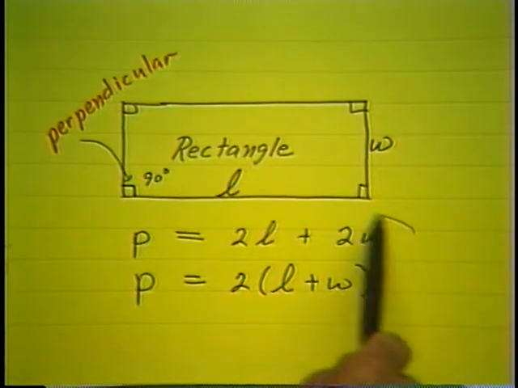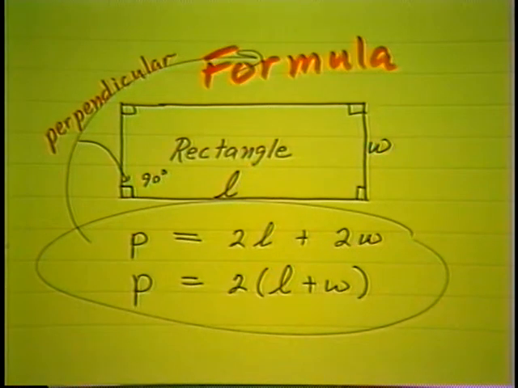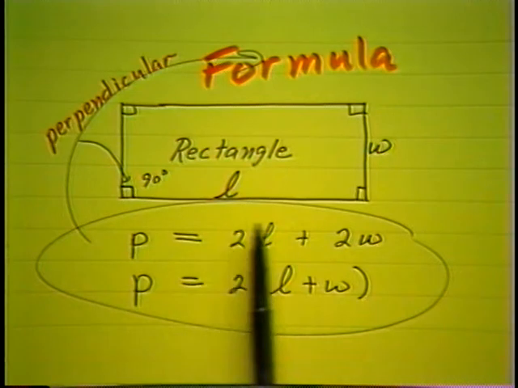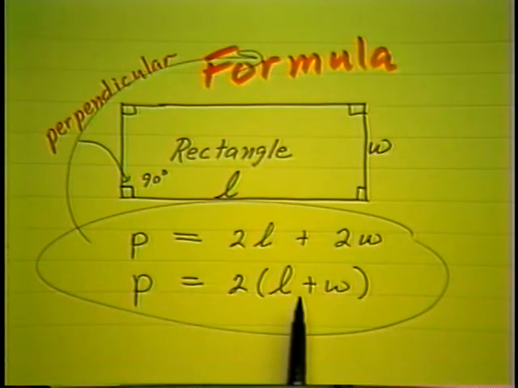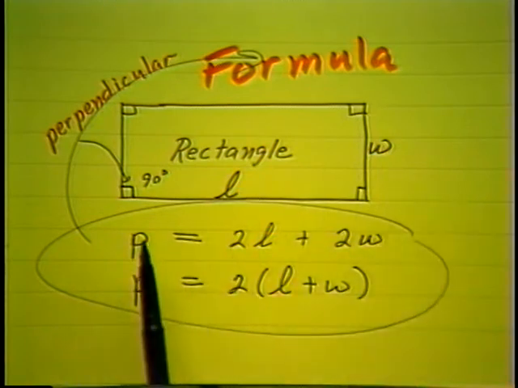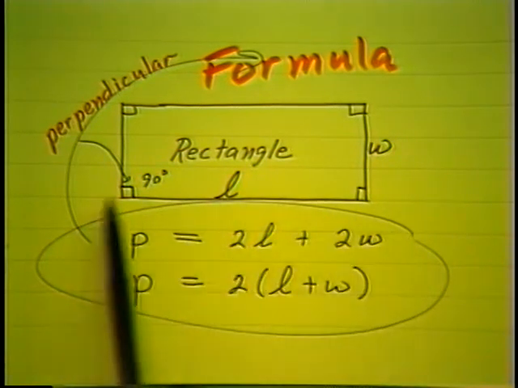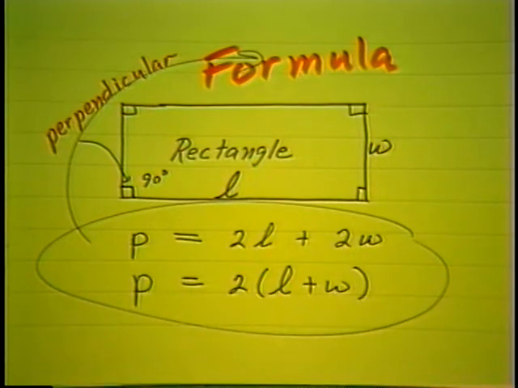Now this way of writing something we have traditionally called a formula, which is nothing more than a convenient way for us to communicate what we already know to somebody else who perhaps does not know it. We have to tell them what the letters stand for, but then the formula tells you how they are related mathematically.